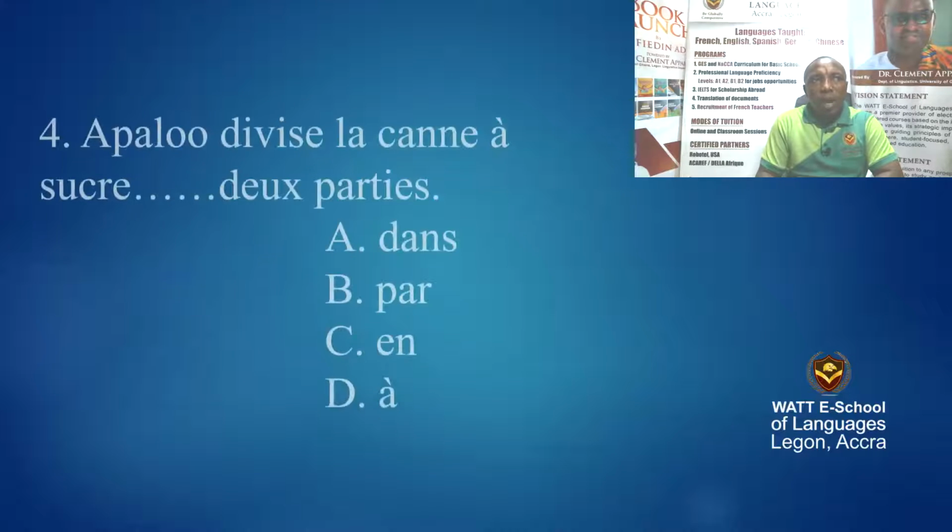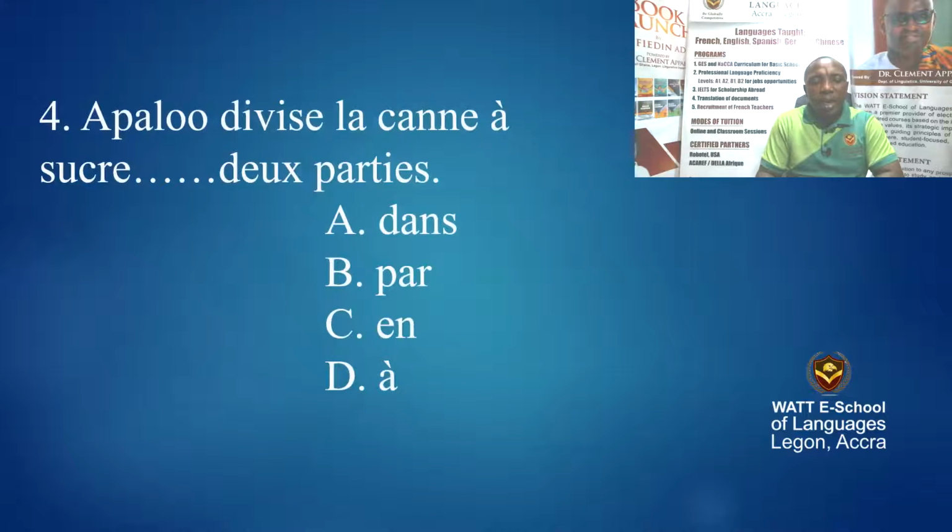Number 4. Apollo divise la canne à sucre deux parties. Here we are talking about division. When we divide something, definitely the preposition that comes is en or in. Apollo divides the sugarcane in 2 parts. So here we have the answers.